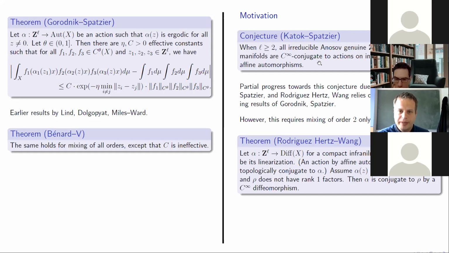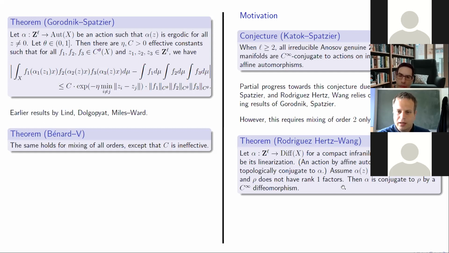And the problem is really about showing that you can make this smooth. So rho is the linearization, and what you need to assume is that alpha is Anosov for some element, and that the linearization rho does not have rank 1 factors.